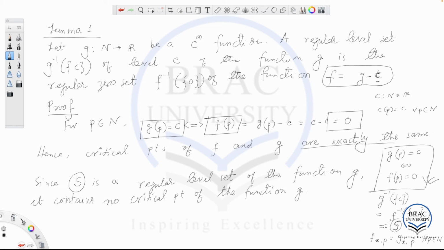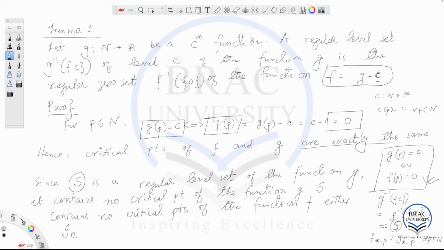Okay, hence, and since the critical points of the two functions are the same, S contains no critical points of the function f either.